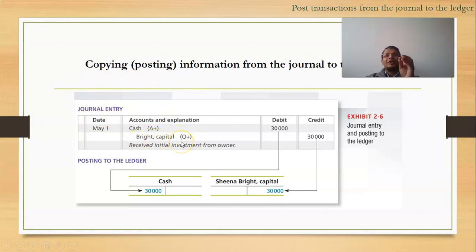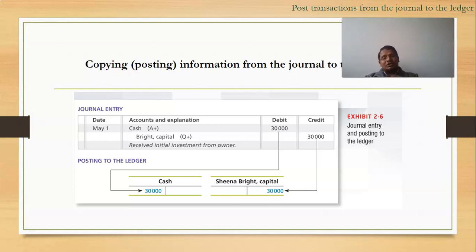Why? Because the organization and the owners are separate entities. The business got the money from the owners. So after a certain time, or whenever the owner wants, the owner can get the money back, because these are the claims of the owners.